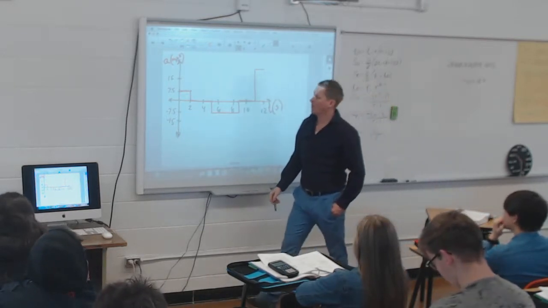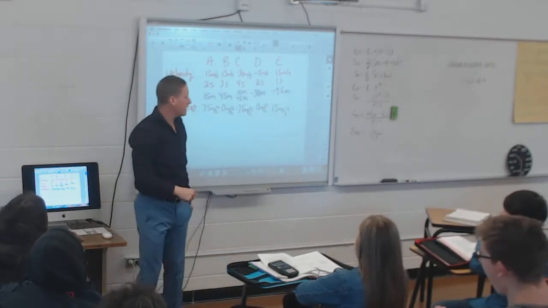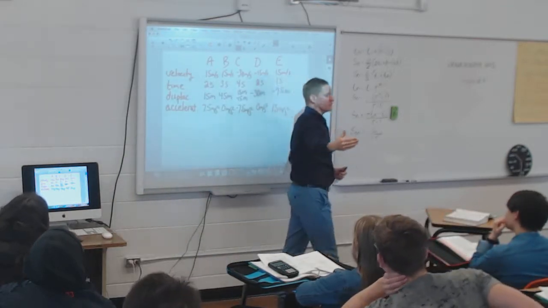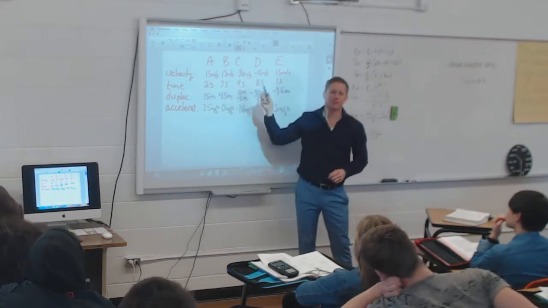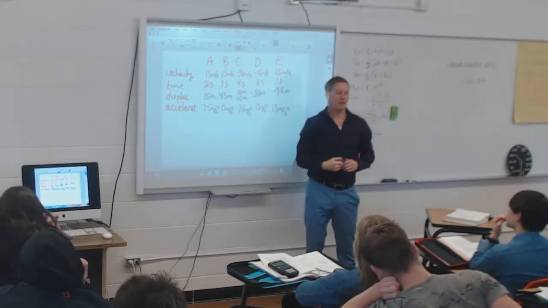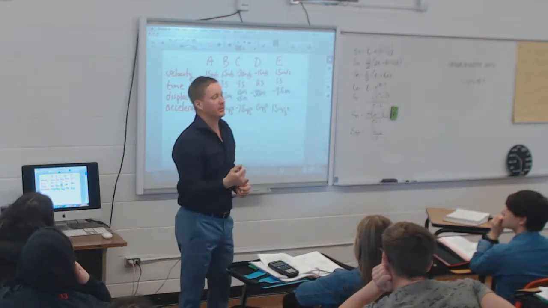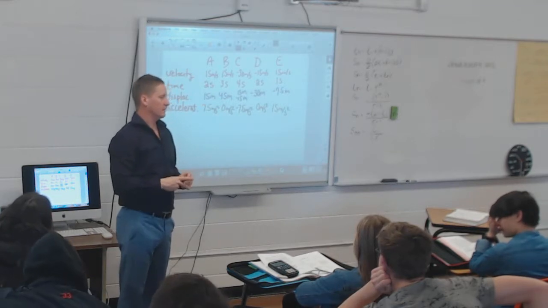Okay, so first thing that we had to do was create our chart. Find all of the intervals, find the information. Now again, this all comes from a velocity time graph. The only way you can get to a distance time graph is from a velocity time graph. The only way you can get to an acceleration time graph is from a velocity time graph.